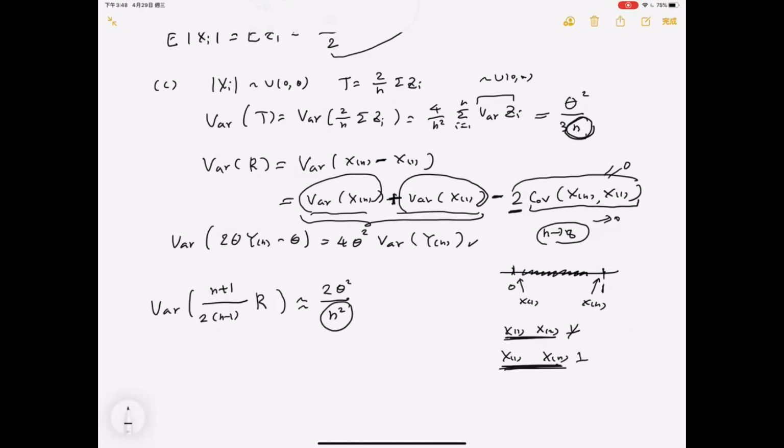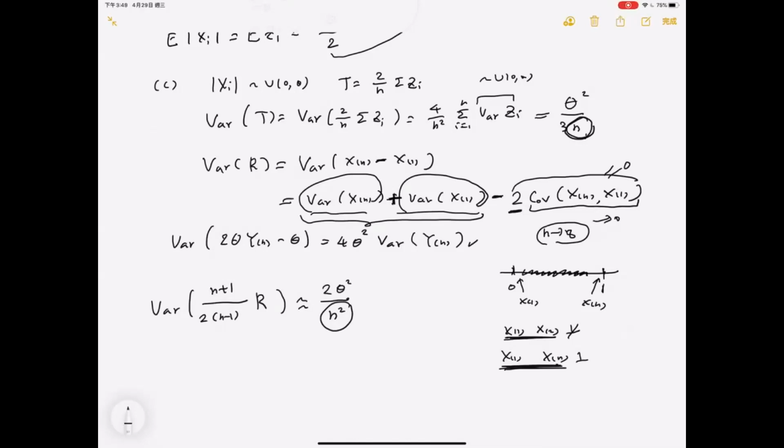Remember I told you, how do you show an estimator is a consistent estimator? You can take your expectation, take a limit, then it becomes theta. Then another condition is what? You take the limit of your variance and it goes to 0. That tells you that if your variance goes to 0, your estimation shrinks to theta, right?